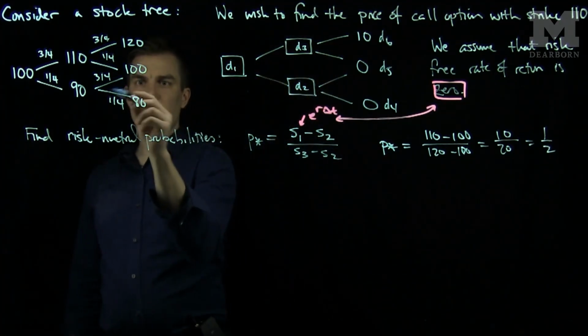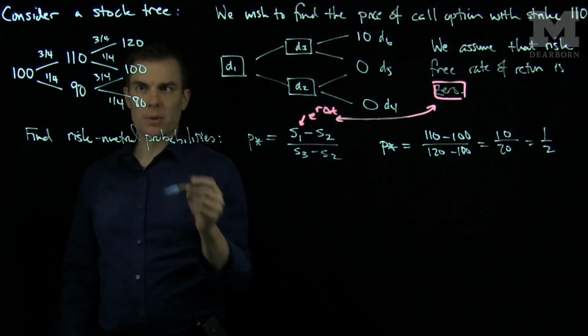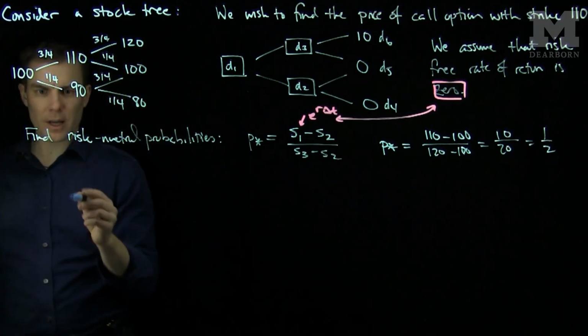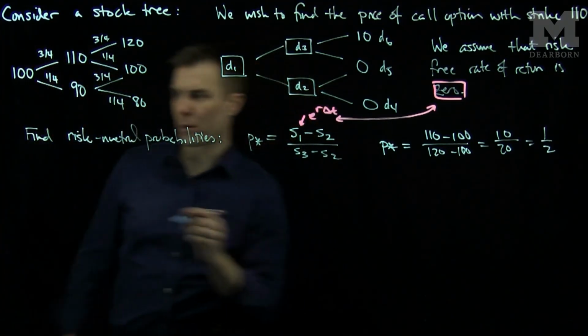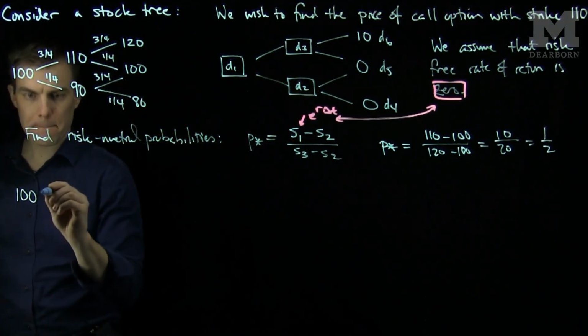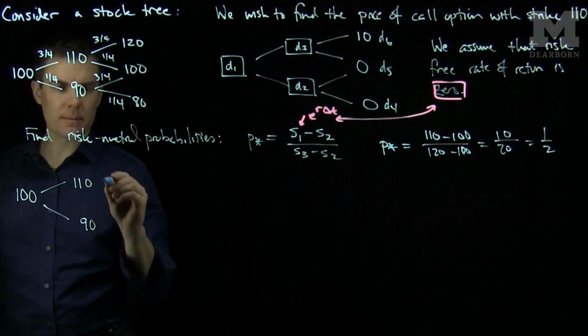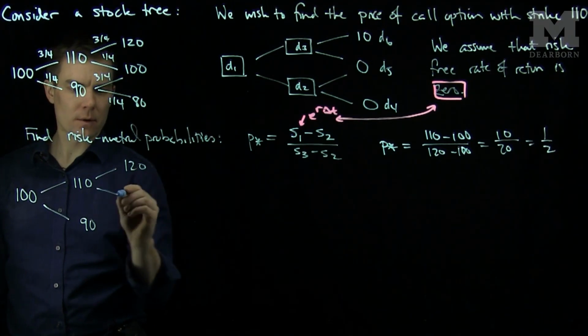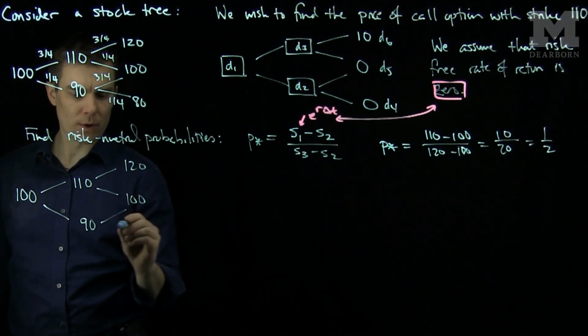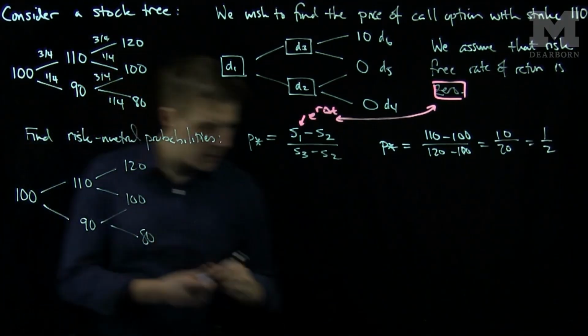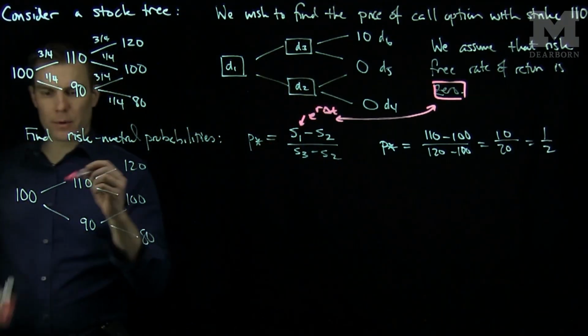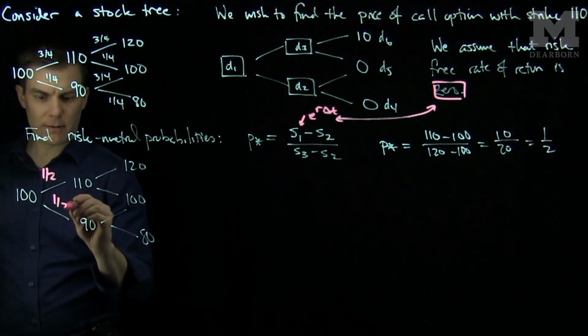Similarly, in any of these other branches we'll also get probabilities of a half. So our risk-neutral tree will look like the following. We will have 100, 110, 90, 120, 100, 100, and 80. And for our risk-neutral probabilities, we'll have 1/2 at every juncture.